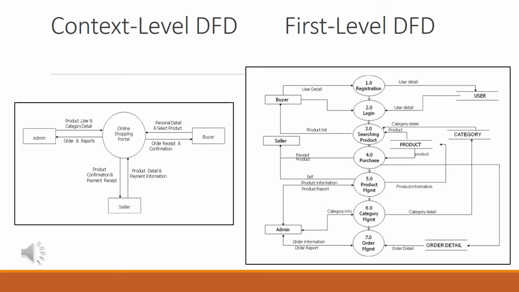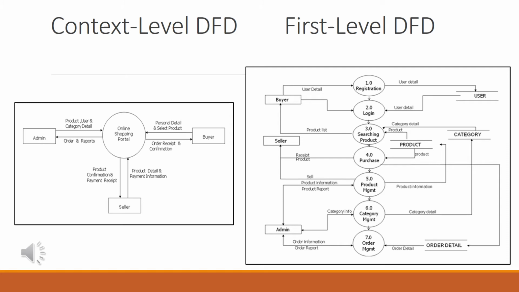This is what we were talking about in the previous slide also, that the context level diagram is decomposed into multiple processes, which becomes the first level diagram. And when we further decompose these processes into other multiple processes, then that diagram becomes the second level diagram. In this way we break down all the high level processes into sub processes.